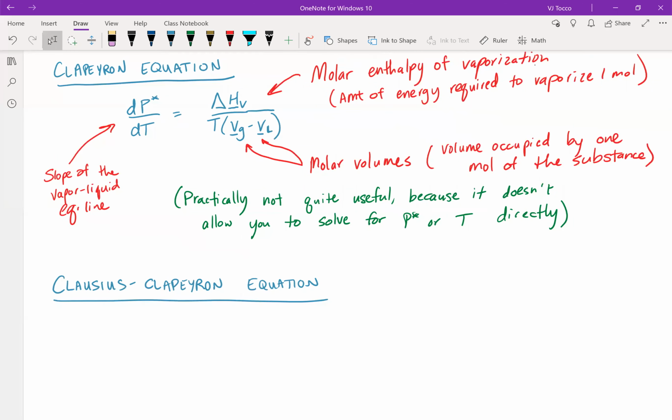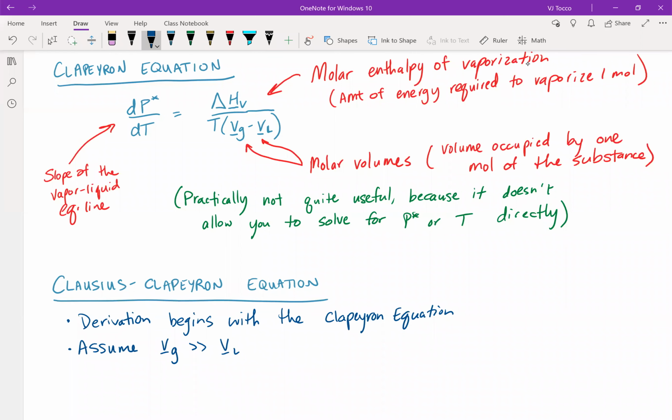The Clausius-Clapeyron starts with the Clapeyron equation, and it makes the following simplifications. The first simplification is that the molar volume of the gas is much greater than that of the liquid. This assumption makes a lot of sense because a gas will always take up more volume than the corresponding liquid would.